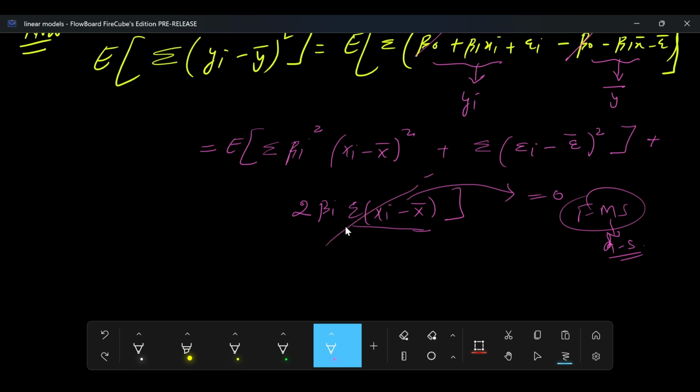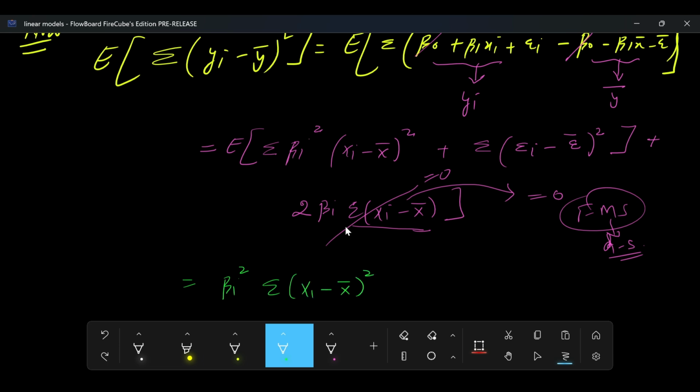So this becomes 0. So this is equal to beta 1 square, which is constant, summation xi minus x bar square, plus summation expectation of ei minus e bar square.